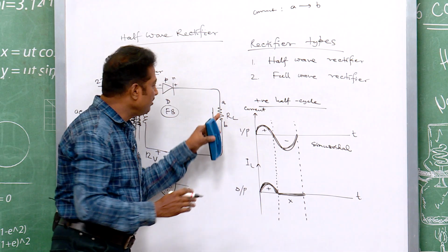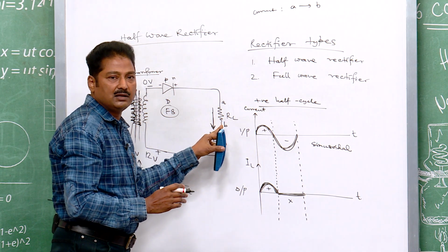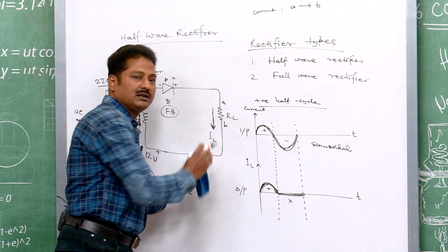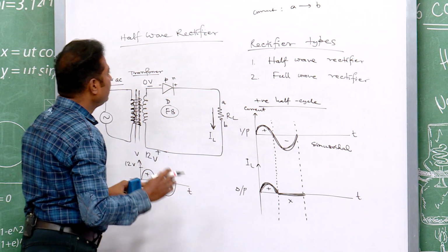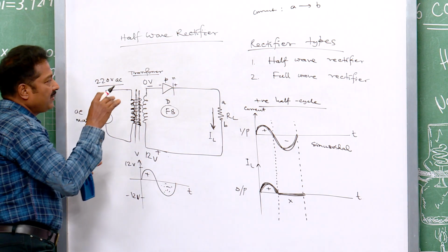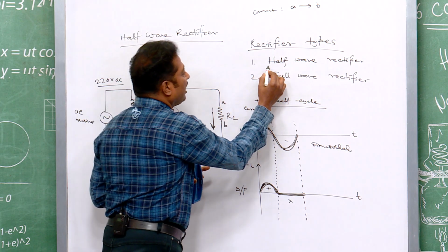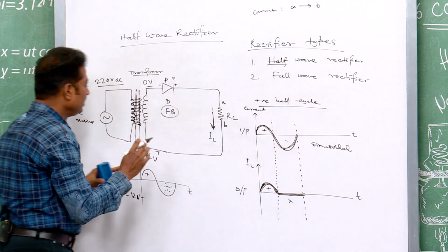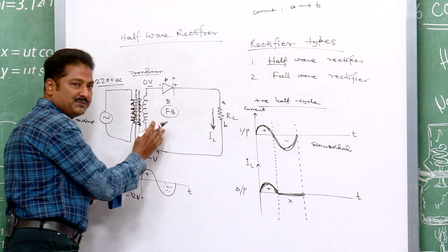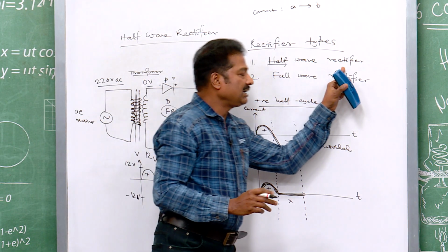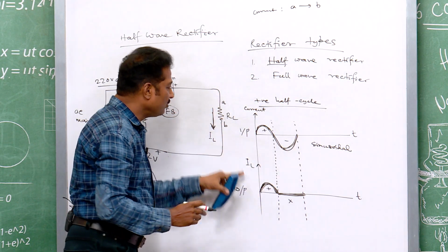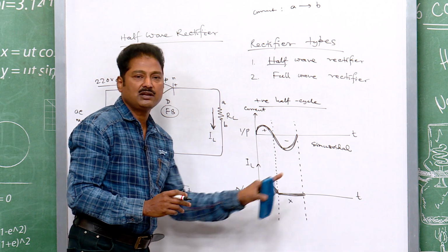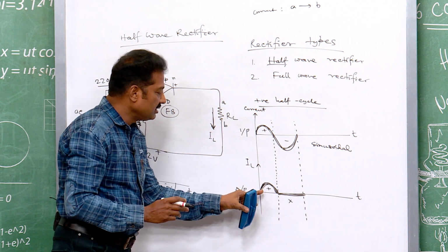That means, always from A to B through RL. This is how it works like a rectifier, and the name you are talking of half wave rectifier. The half means it is active for half cycle. Rectifier means it is giving you one directional current, that is why it is rectifier.